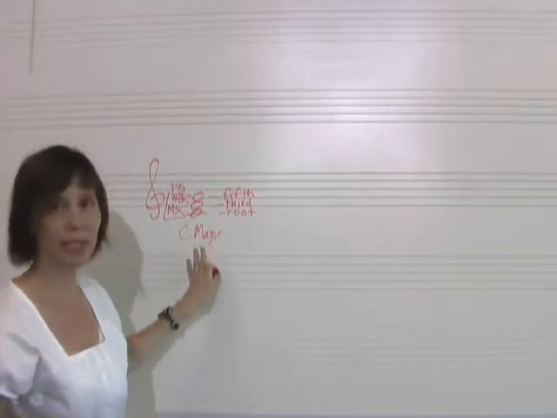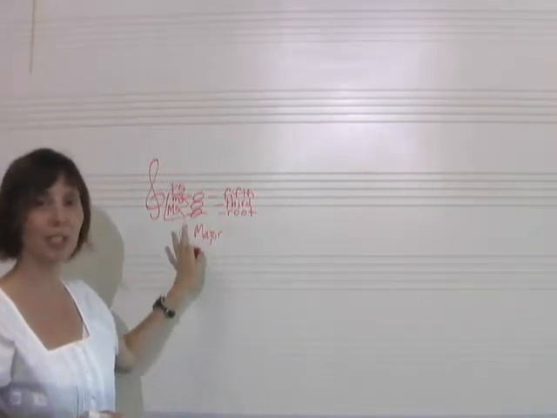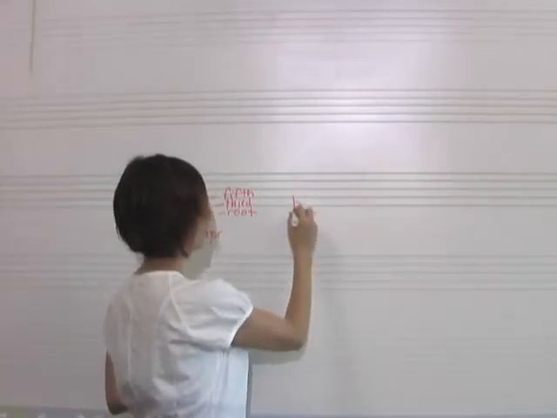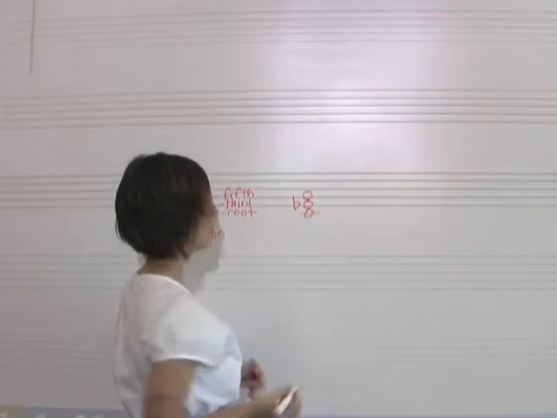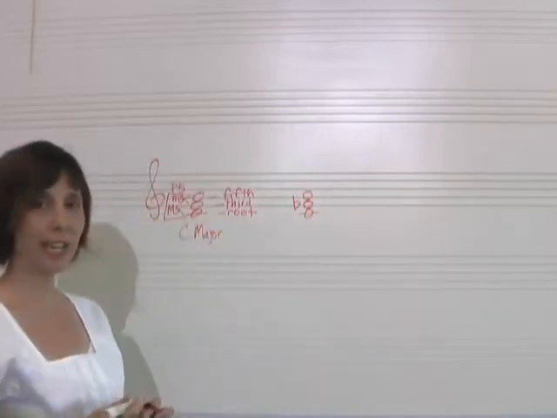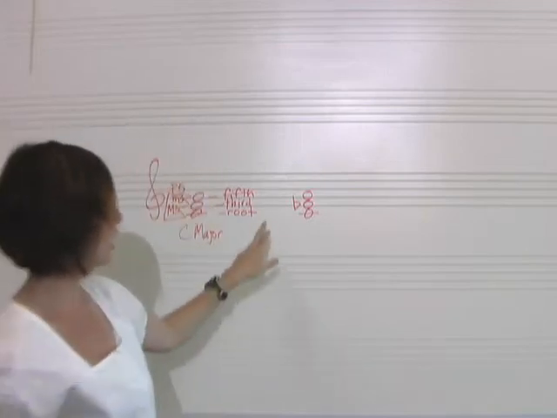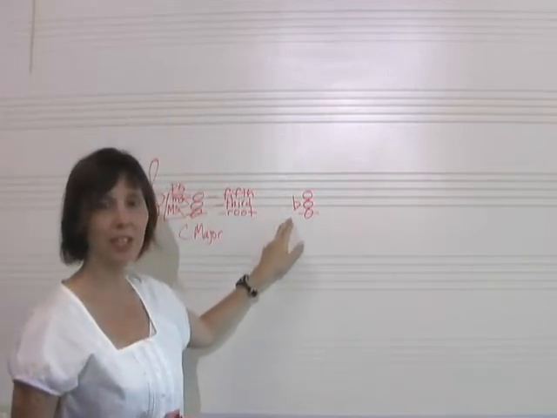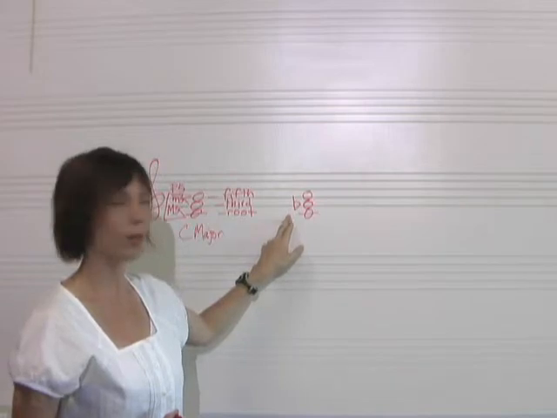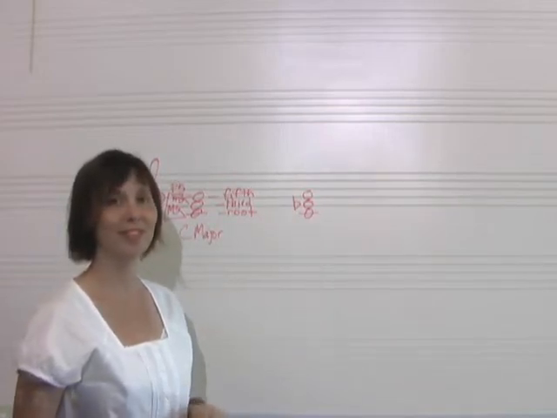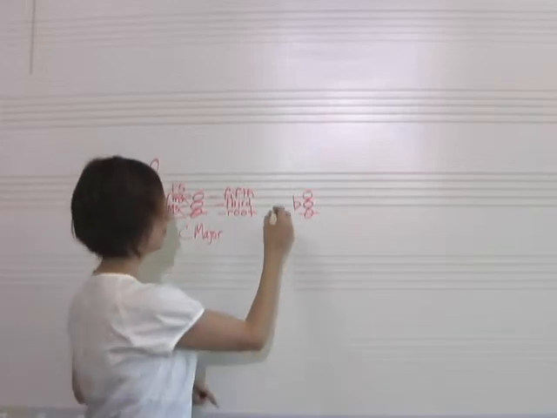Now, if I wanted to make a C minor triad, I would only change one note. Now, instead of an E natural, I have an E flat. So, what kind of third do I now have from the root to the third? A minor third. Very good.